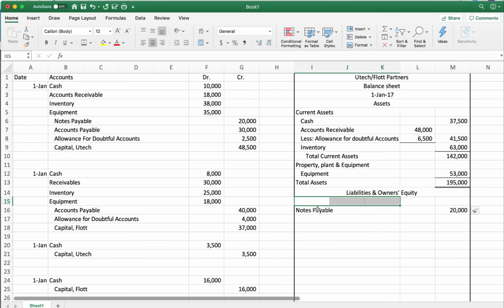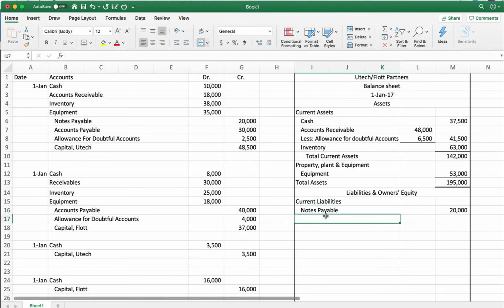Above notes payable, these three columns here, I want to make it one column, so I'm going to merge and center, left align. I need to title this as current liabilities, because this is the current liabilities section within the liabilities and owner's equity section. Okay, so I need to indent my note, which I already have, and I have my $20,000.